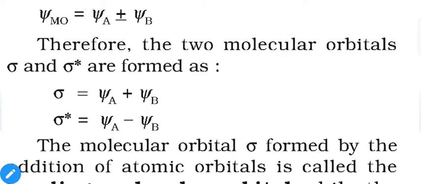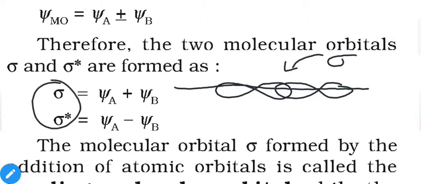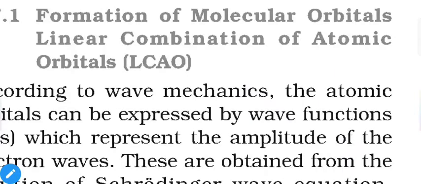That means it will form a sigma bond. So let us assume this is the first orbital and we have the second atom's orbital on the same axis, and this type of overlapping results in a sigma bond. Okay, so that's why we represented them as sigma, and it is also mentioned in the name of the topic, linear combination of atomic orbitals. We are combining them in a straight line.